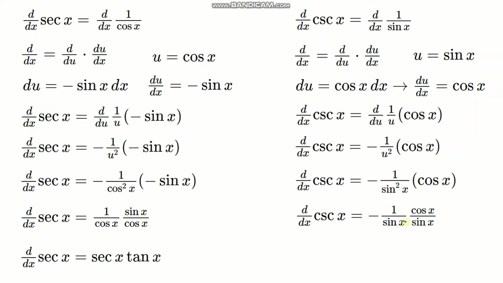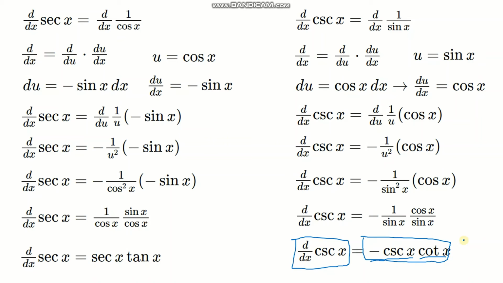We have negative 1 over sin x times cosine x over sin x, and 1 over sin x is cosecant x, and cosine x over sin x is the same as cotangent x. Finally, the derivative of cosecant x is negative cosecant x times cotangent x.